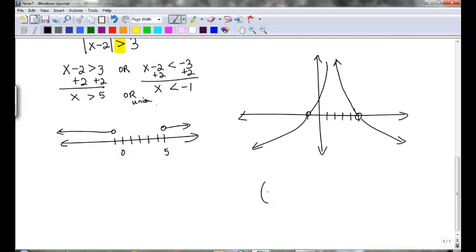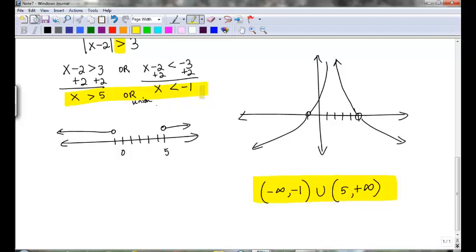It's from negative infinity to negative 1. Where is it below the y-axis, basically? Union that with 5 to positive infinity. Okay? So this is what it would look like to write it as an interval. And this is what it would look like to write it as an inequality.